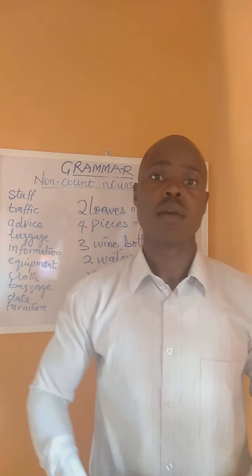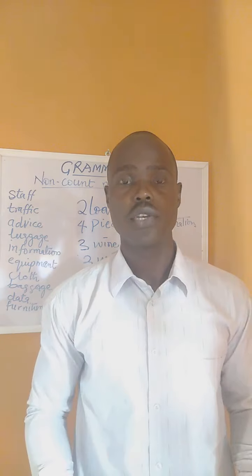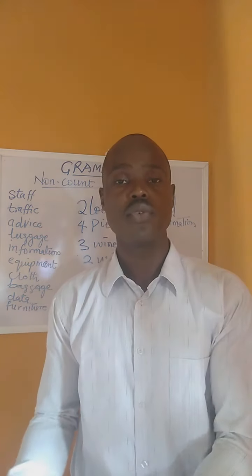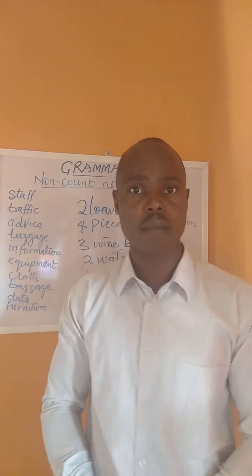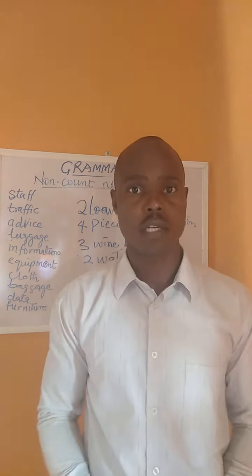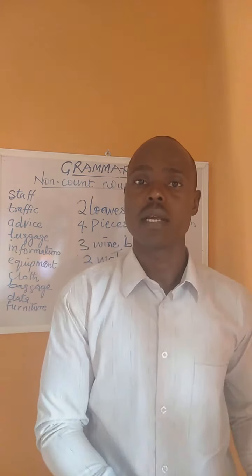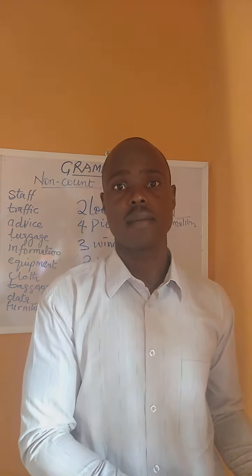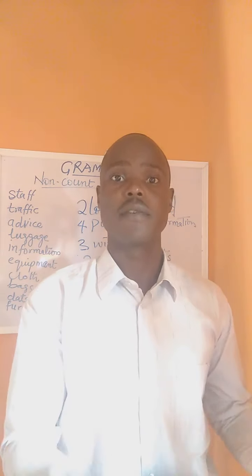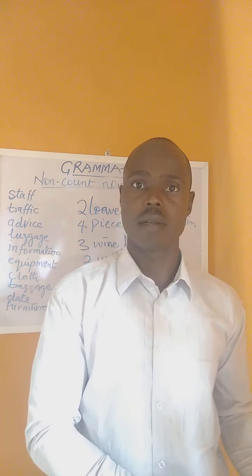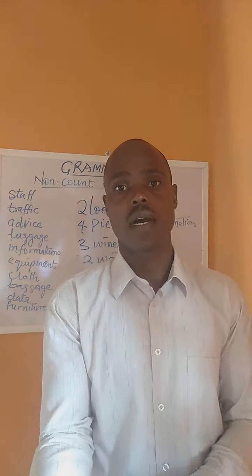You do not just use determiners anyhow, but you use them with knowledge of the particular noun you are working with. So you cannot say a water; you can say a cup, but you cannot say a water. That indefinite article a is acting as a determiner, but we cannot use it with water.